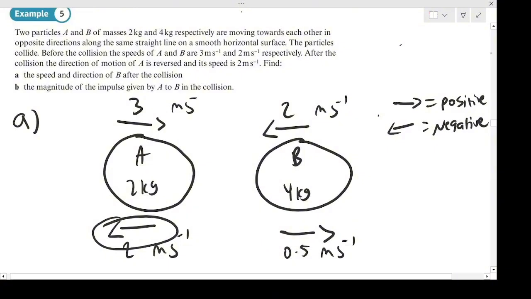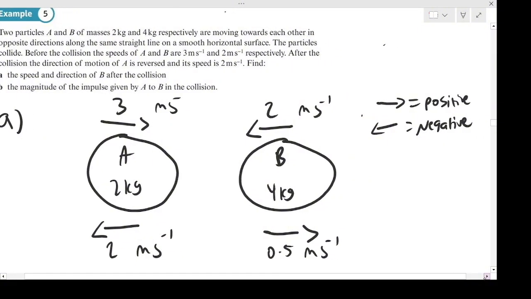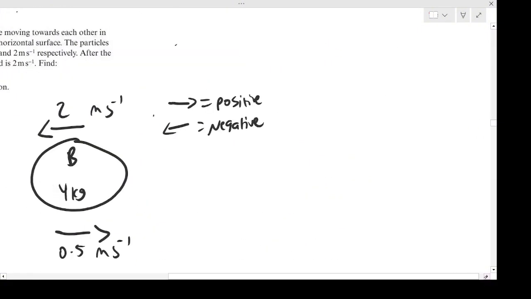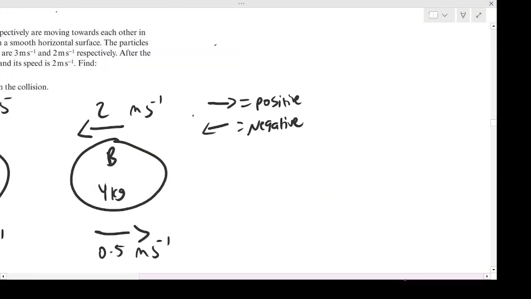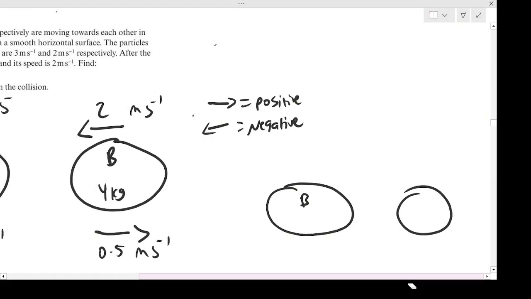Now, why can't I just say it's going forwards? Because the diagram I've drawn is just how I see the situation. What actually could happen is everything could flip. So B and A could swap places effectively, with B on the left and A on the right.